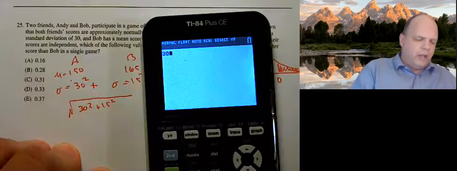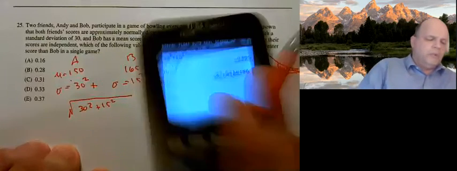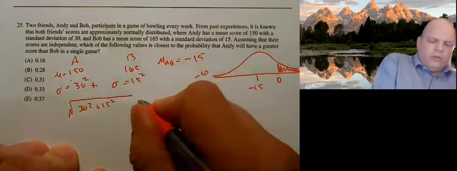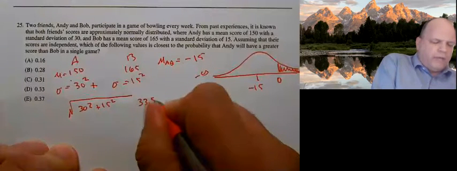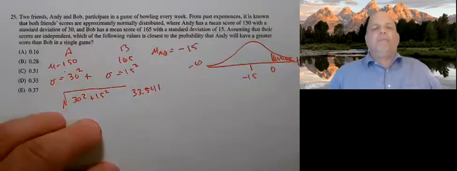So 30 squared plus 15 squared, and I'll take the square root of that, and I get about 33.541. So that's my standard deviation of those combined.